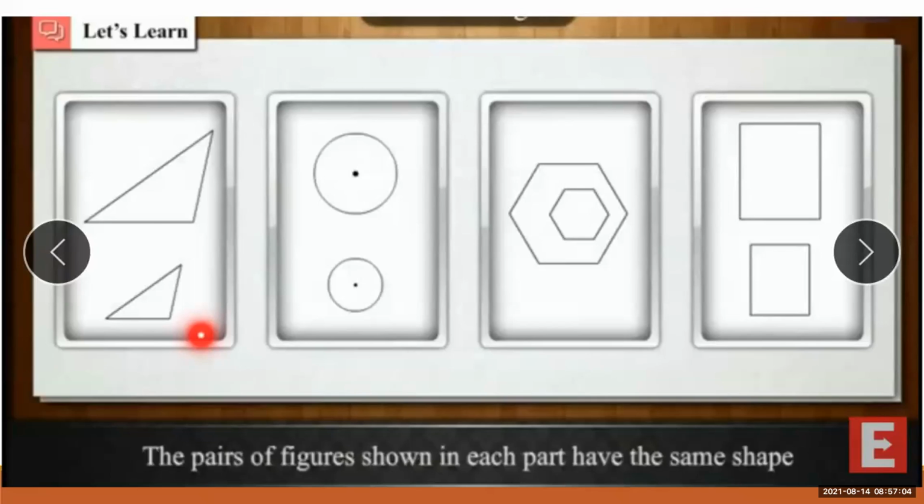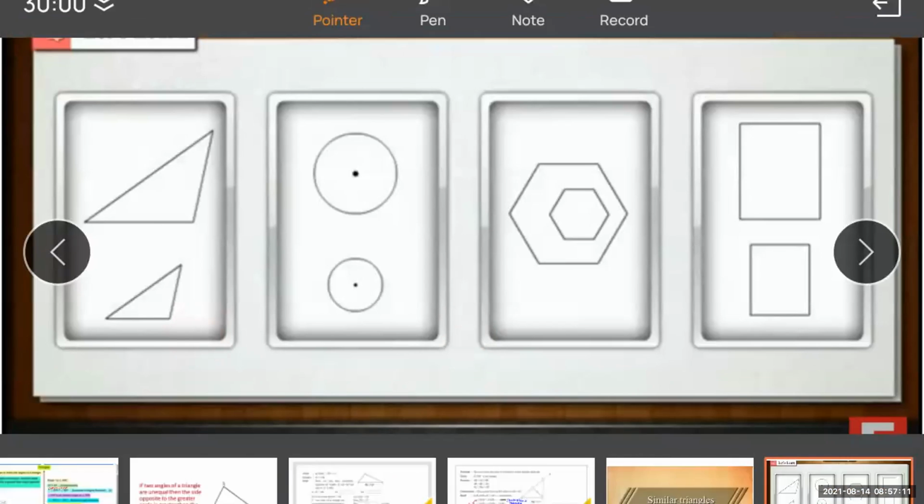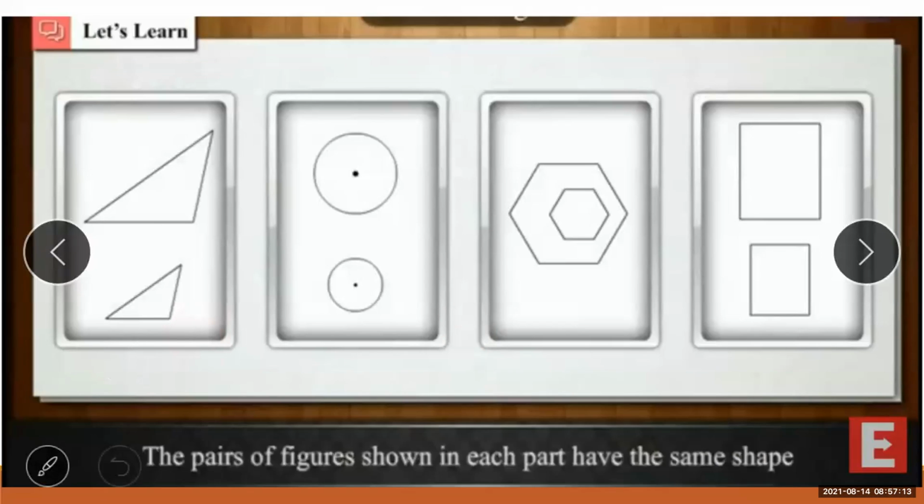Only their shapes are the same. Those looking the same are called similar figures. And if their sizes are also the same, what do we call it? Those figures are congruent figures.